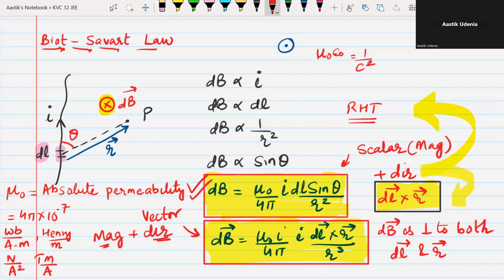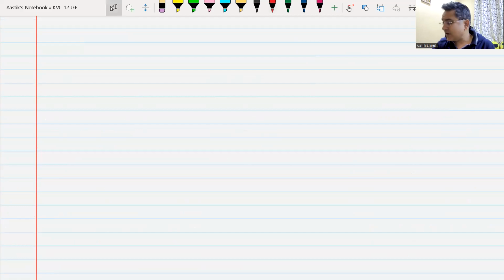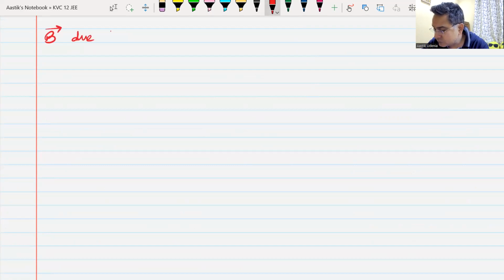Now, to find out the magnetic field due to a long wire which carries current, we will have to break the wire into small portions and then find out the magnetic field. So you can write the next heading: magnetic field due to a straight wire.